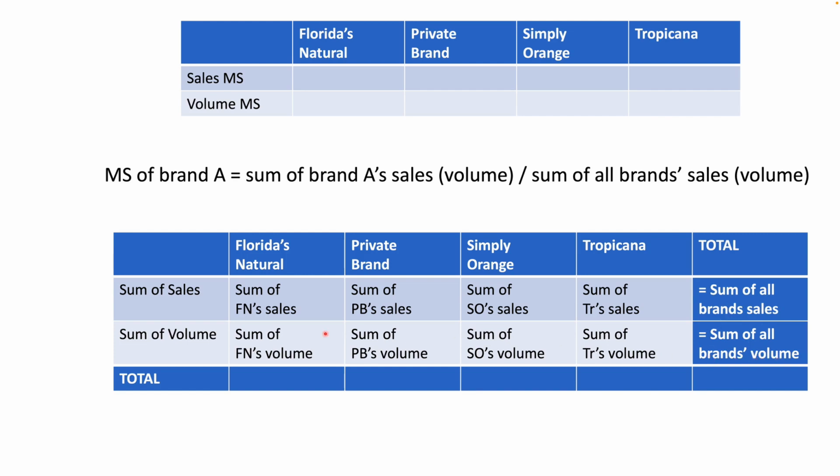And now we have the 2 values we need to compute each brand's market share. So, if we can draw this table in Microsoft Excel, we can compute the market share, and finally we can have the market share table. So that's the goal of this analysis.